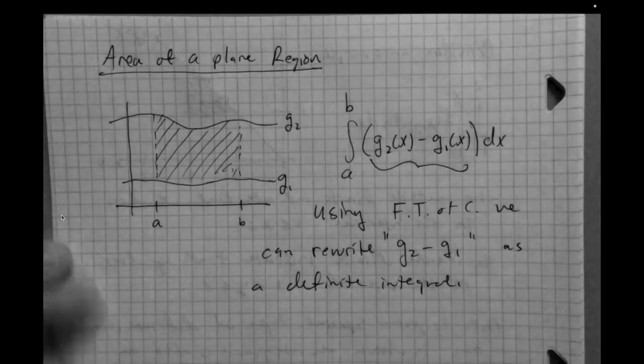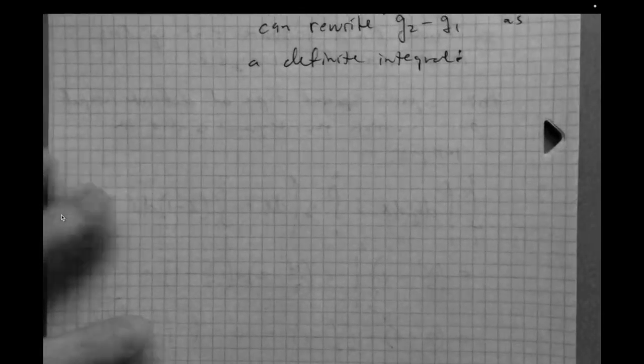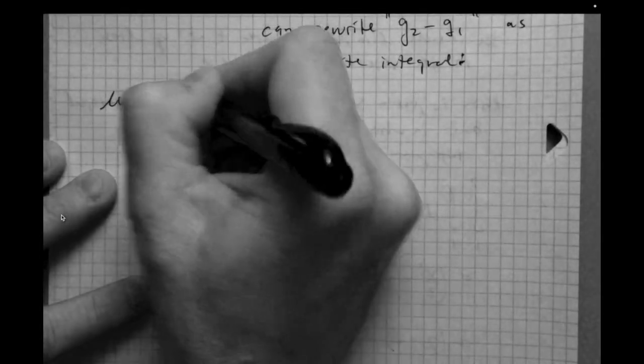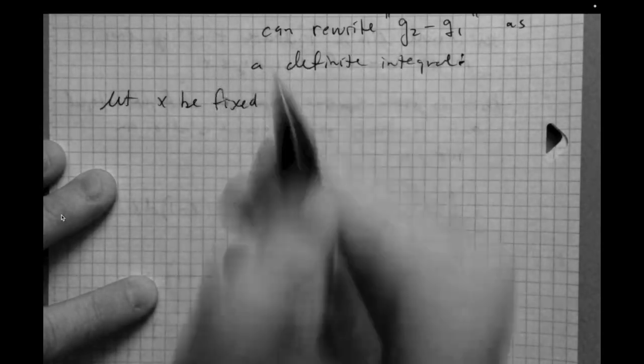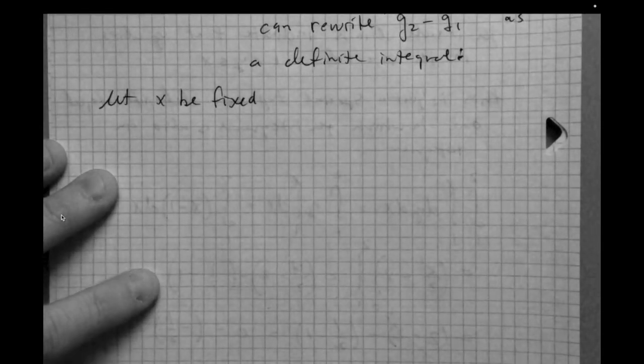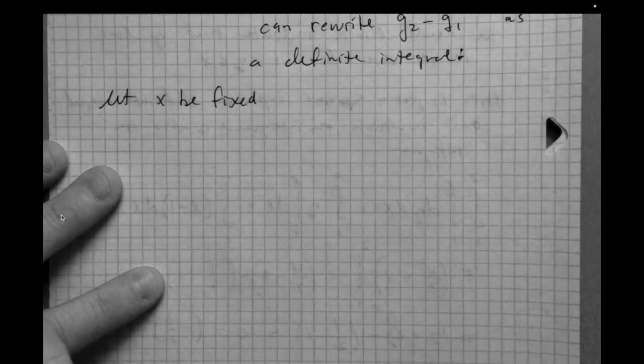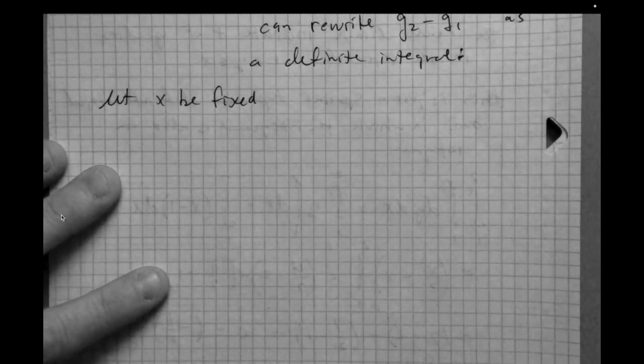How does that work? Well, let x be fixed and consider y as a variable from g1 to g2.